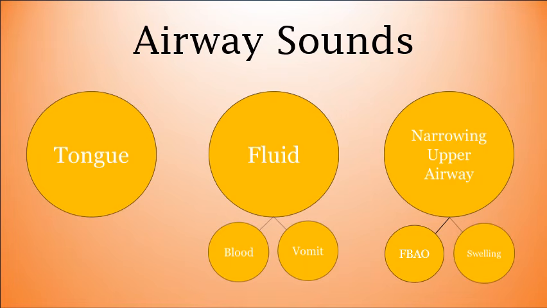So FBAO stands for foreign body airway obstruction. Basically, you're choking on something, but not all the way. We'll get into treatment, like I said, in the next video, but when you're listening to the airway, it'll just give you an idea of what you can expect and how you can start creating that treatment plan in your head.